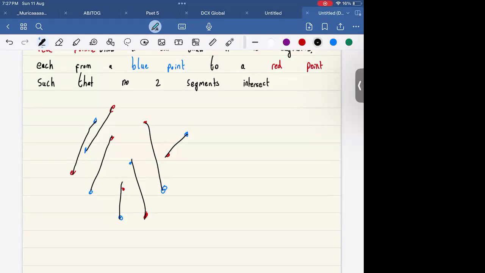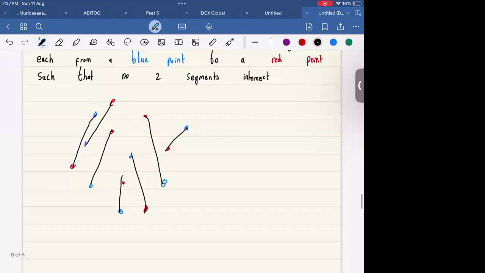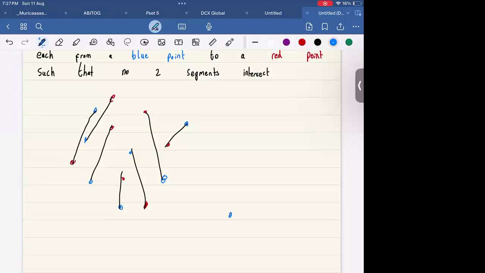Okay, guys, I'm back. So that may not work for the following reason. Let's say there is a blue point. Let's see, this is our system.